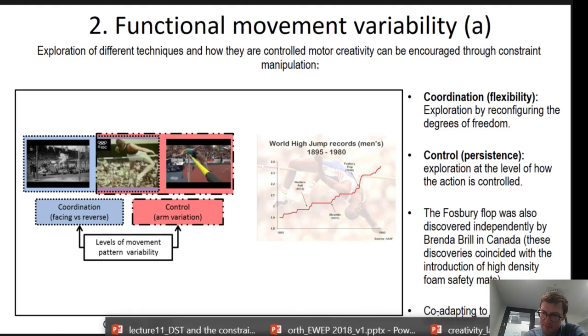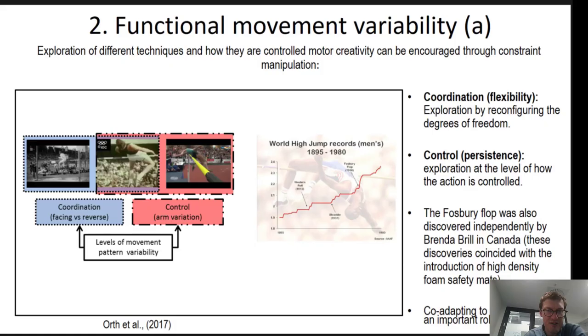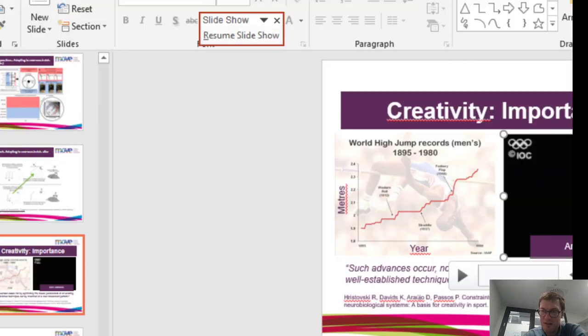Okay, so where is it? I think it's this one here. Okay.